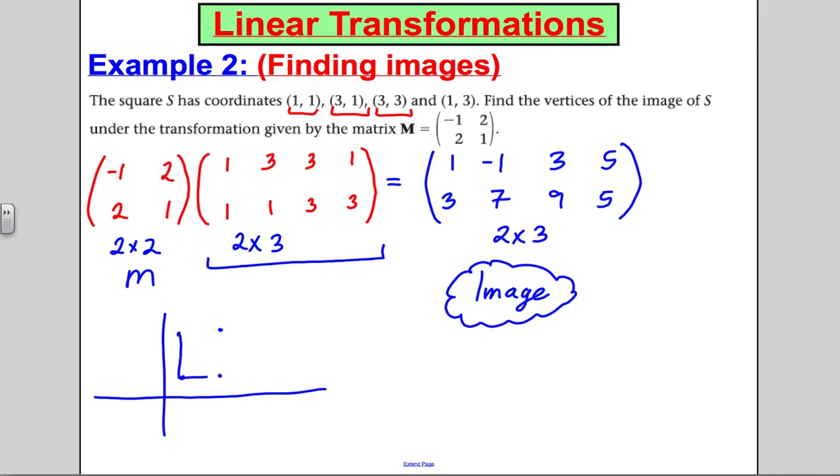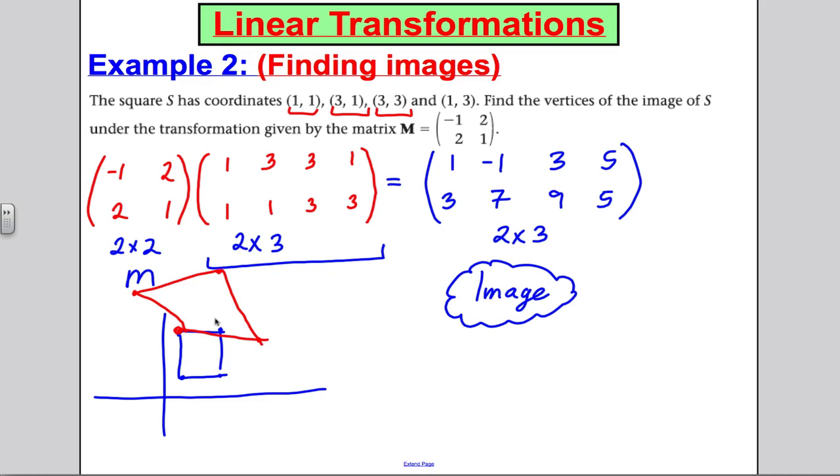I had something that looked like that, and it actually got transformed to 1, 3, so 1 across, 3 up. -1, 7, so -1, 7 somewhere over here. 3, 9, somewhere massive over here, and 5, 5, which would be somewhere here. So it actually got transformed to something that looks like this. But I haven't drawn that accurately. It's just a rough sketch.